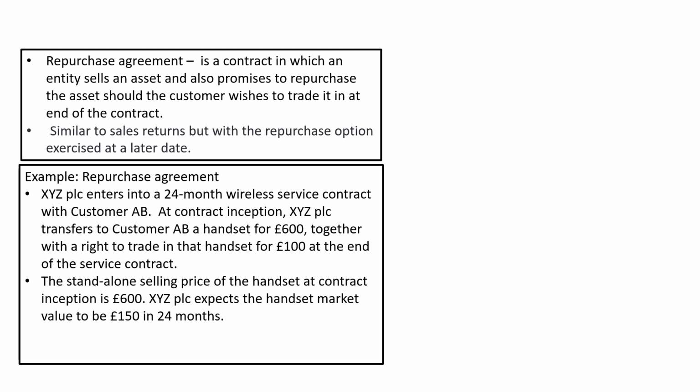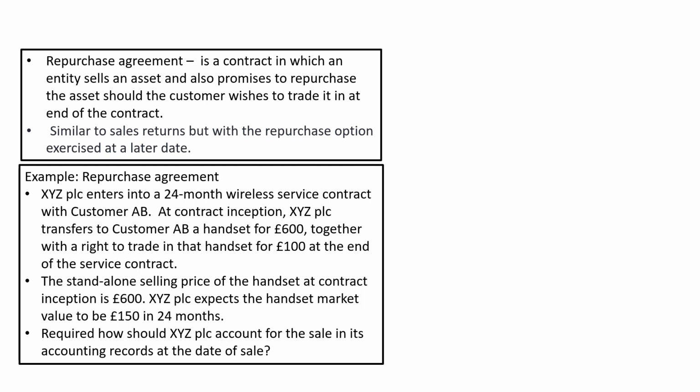The standalone selling price of the handset at contract inception is £600. XYZ PLC expects the handset market value to be £150 in 24 months' time. Required: how should XYZ PLC account for this sales transaction in its accounting records at the date of sale?